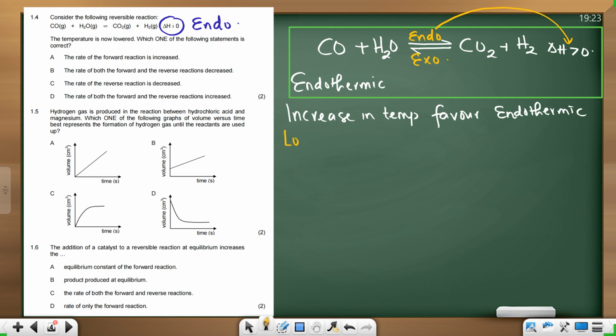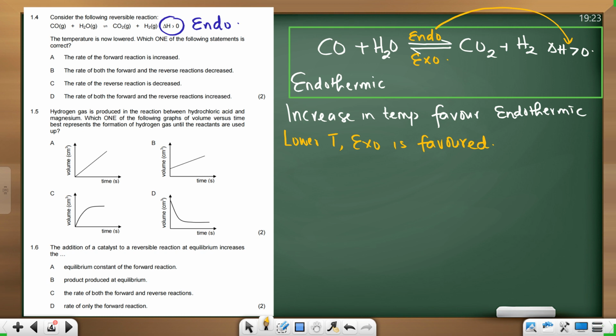So if we lower temperature, what happens? Which reaction would be favored? Increase in temperature will always favor the endo. But if we lower temperature, which one is favored? Exo is favored.